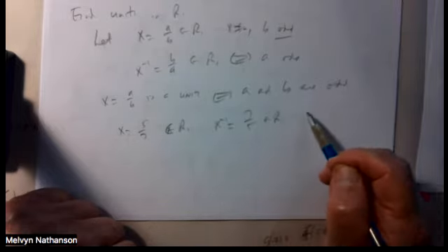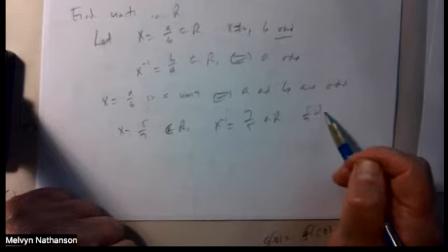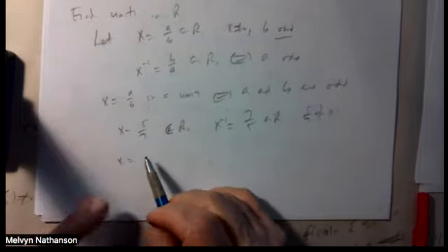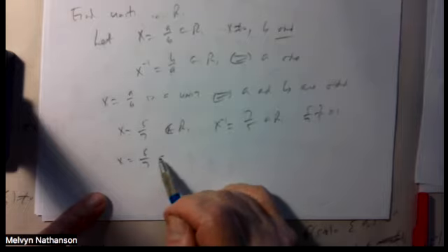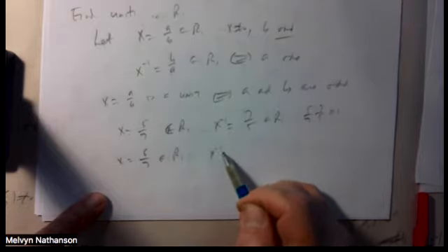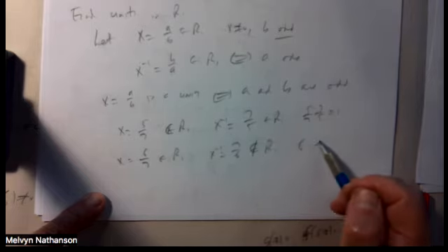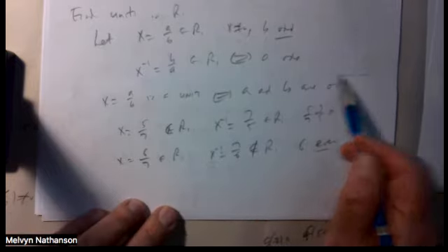That's also in R1, and 5/7 times 7/5 is 1. Take x equal to 6/7 in R1, x inverse is 7/6, and that's not in R1, because 6 is not odd, 6 is even. So a fraction with an even numerator is not a unit. A fraction in R1 with an odd numerator is a unit. So that's the answer to the question.